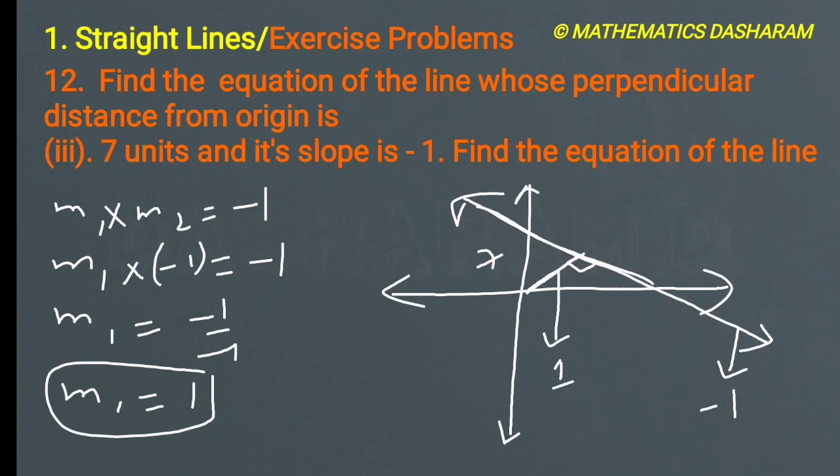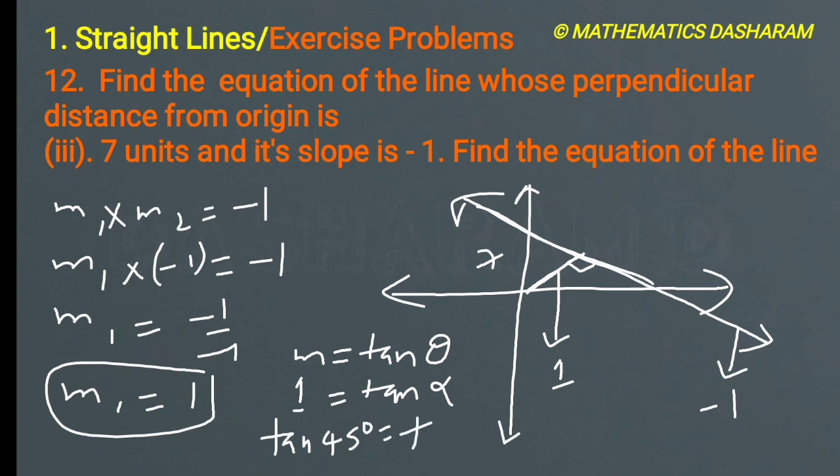We have a formula for slope, m equals tan theta. Here m value is given, that is 1. Instead of theta take alpha here, because in the formula we need the alpha value. So 1 equals tan 45 degrees. So tan 45 equals tan alpha, tan cancels, then alpha equals 45 degrees.